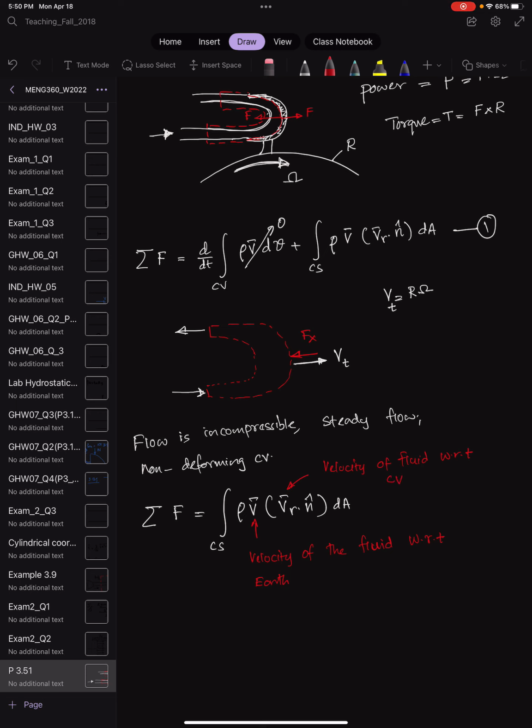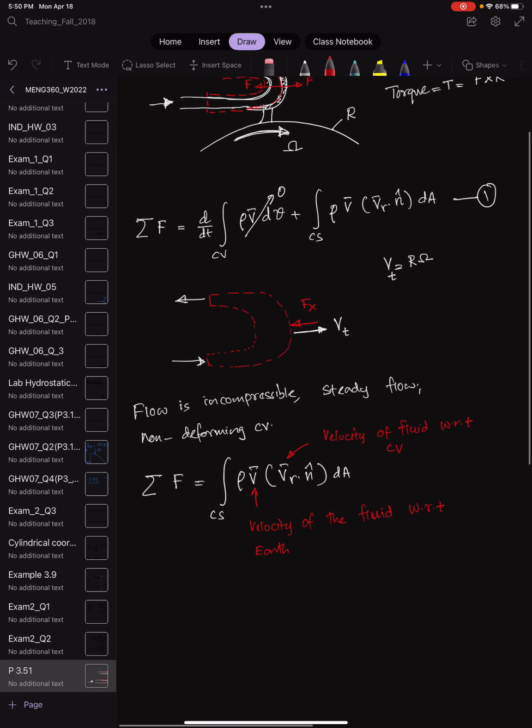Now the control volume is moving, so let's identify this.